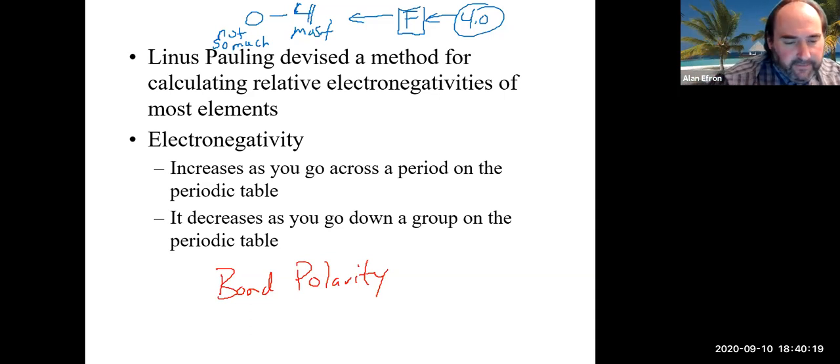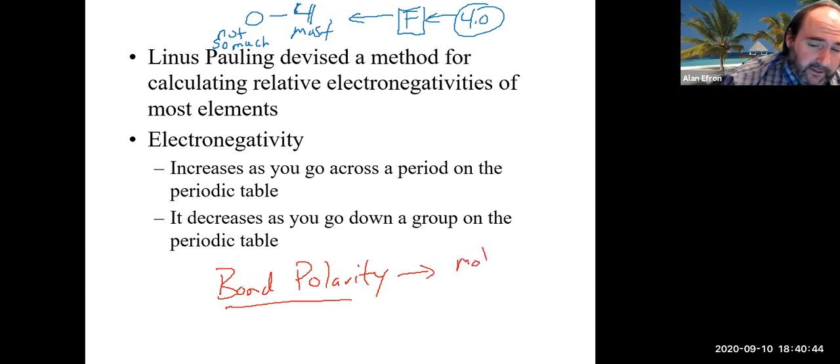So typically, differences in electronegativity values are used for bond polarity. As we'll talk about when we get to molecular polarity, in certain cases it will tell you if the molecule is polar or if it does contain polar bonds.